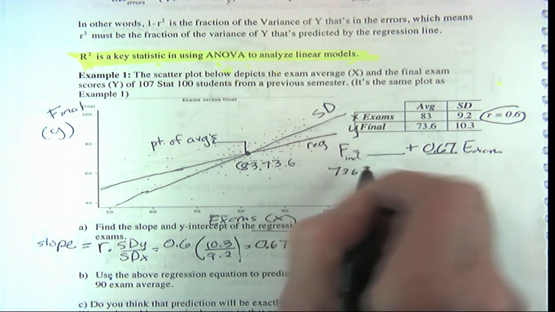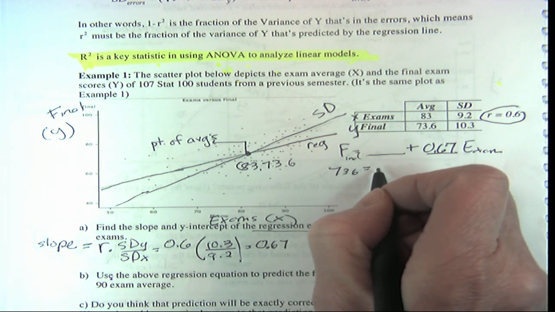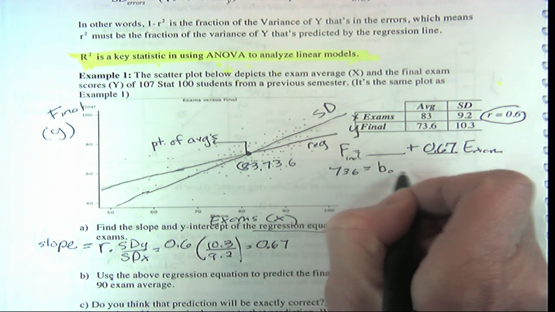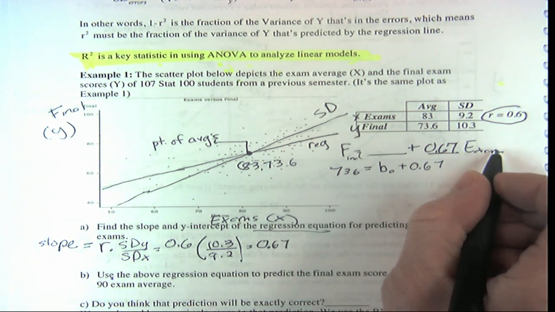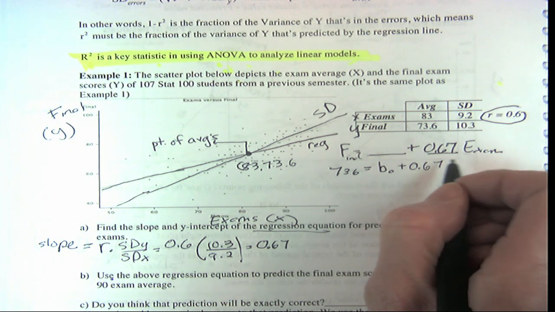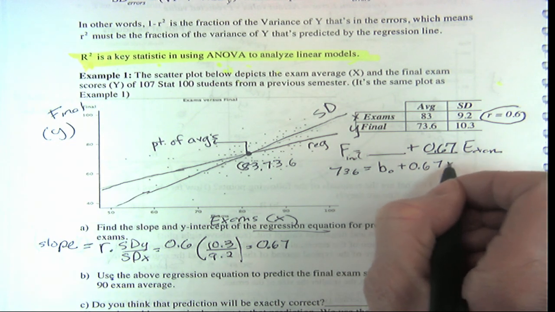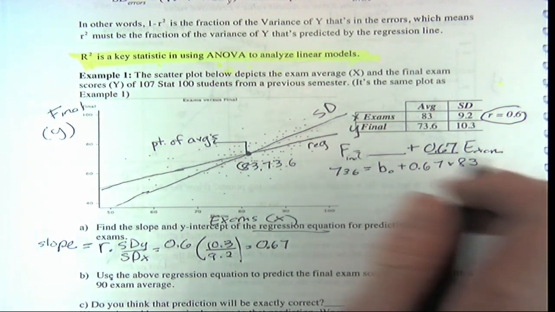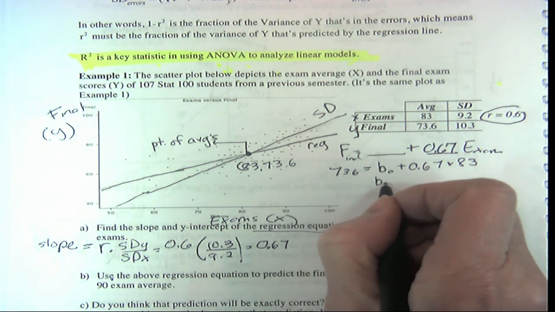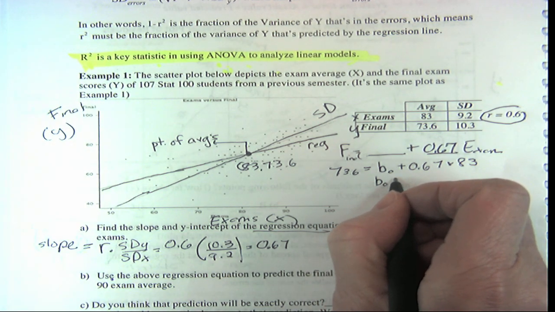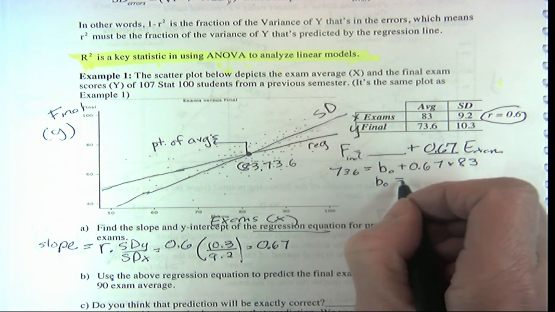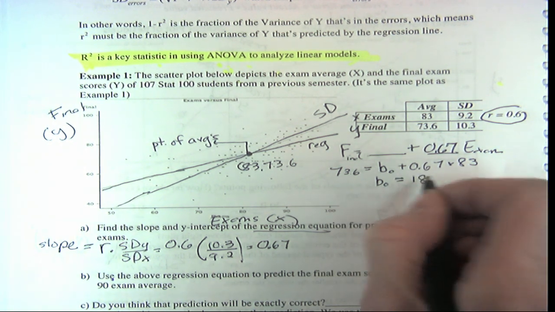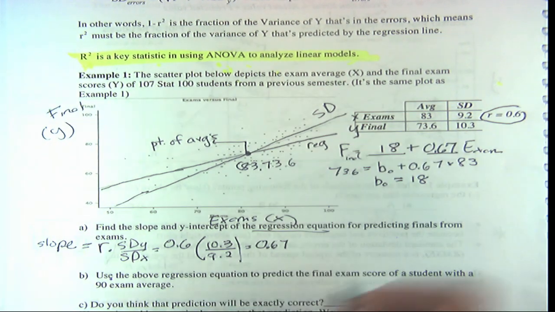I'll plug in 73.6 for the final, which is equal to the intercept plus 0.67 times the average for the exams, which is 83. I solved that, and I got 17.99. Why don't we round it to 18? So that's going to go right in there.